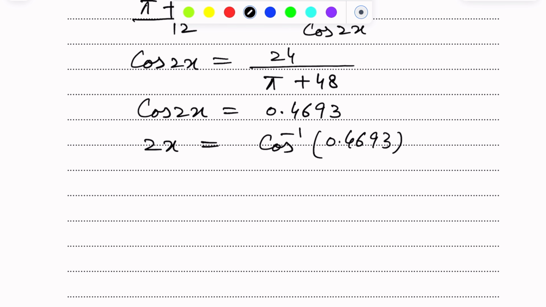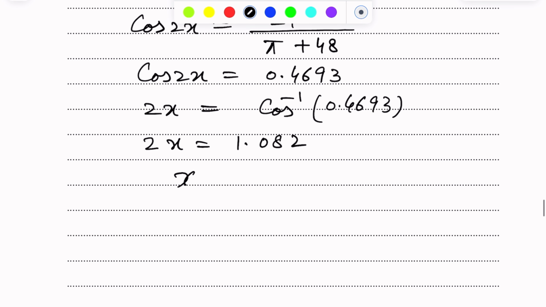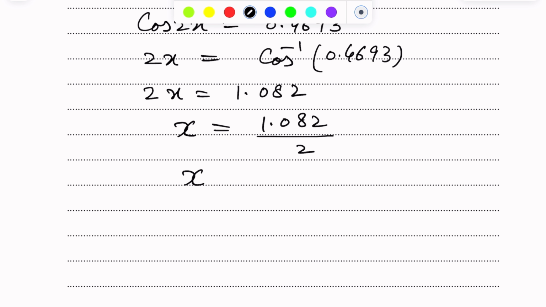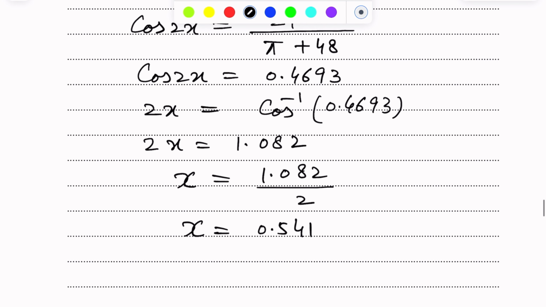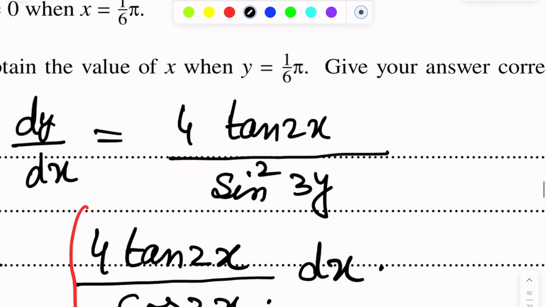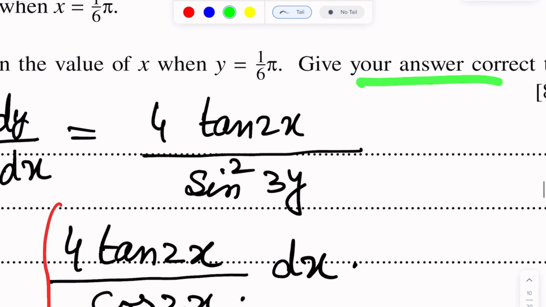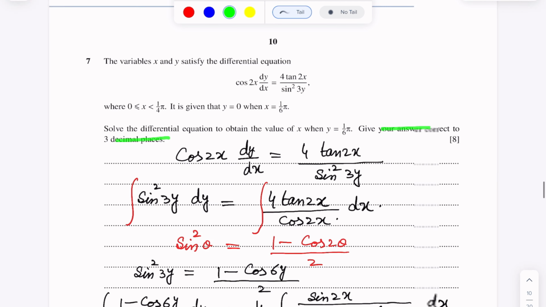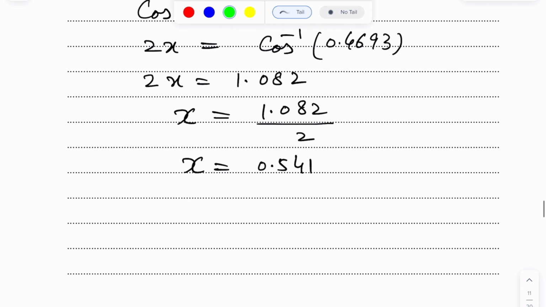We get 2x is equal to 1.082 and x is equal to 1.082 divided by 2. Finally, we get x is equal to 0.541, correct to 3 decimal places because it is required. We have to give the answer correct to 3 decimal places. So this is the final answer.